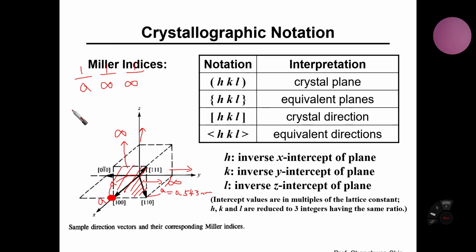What about the value of 1 over a? 1 over a is simply 1 over a, but 1 over infinity corresponds to 0, and 1 over infinity corresponds to 0.